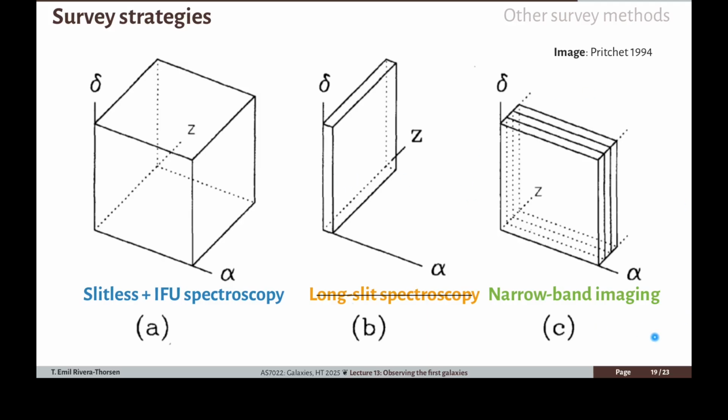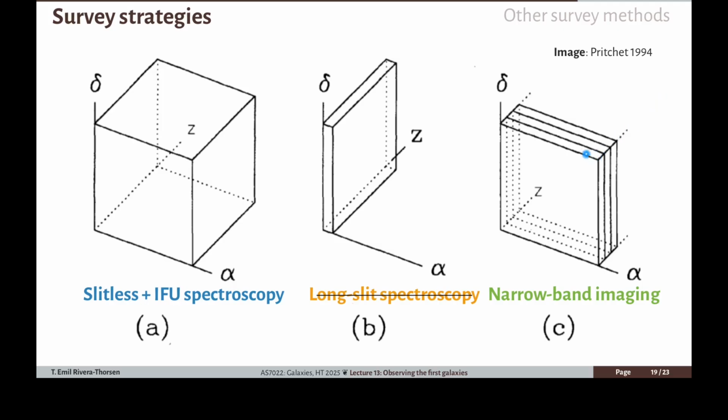Finally, we can use narrowband imaging, as I talked about before, where you use a narrowband, and for that narrowband you can search a large area of the sky, but only in a rather small redshift range, for galaxies that have emission lines in this particular redshift range. But what you can then do is use multiple narrowbands, and that way build up and search through a rather large volume of space anyway, if you just have multiple filters.